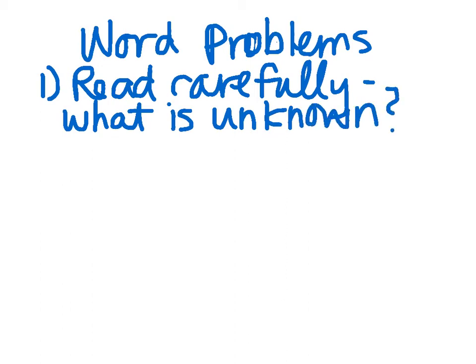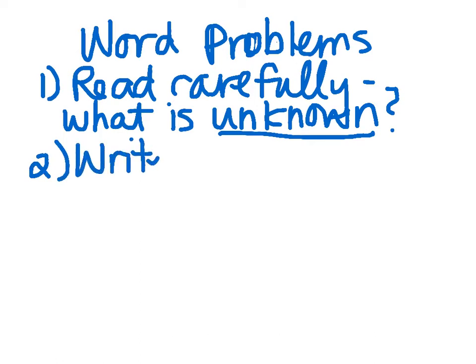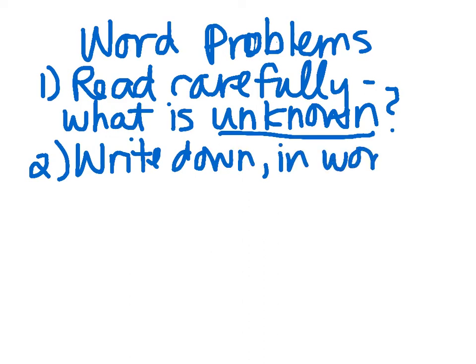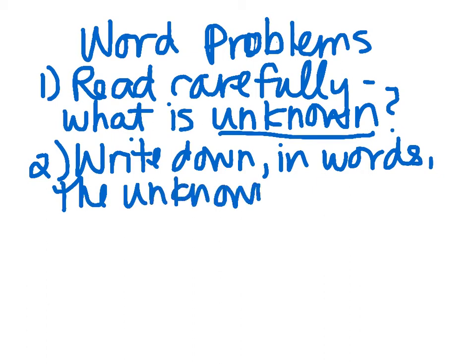Because the power of algebra is that we can represent unknowns with a variable. So the second step is to write down in words the unknown. For now, we're only going to have one unknown, but I'm going to add an S here for future possibilities of having more than one unknown.